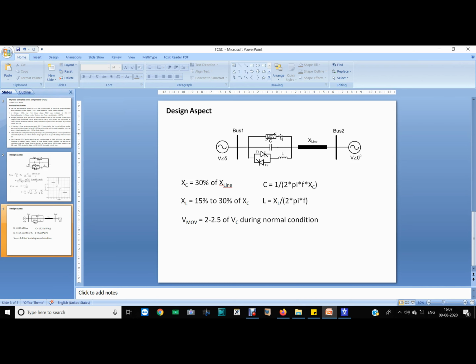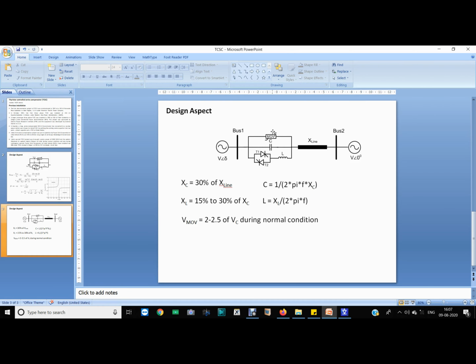The voltage across capacitor will not cross the voltage across MOV, because after a certain voltage of the capacitor the MOV will start operating. In normal condition, MOV is a non-linear resistor, you can say.